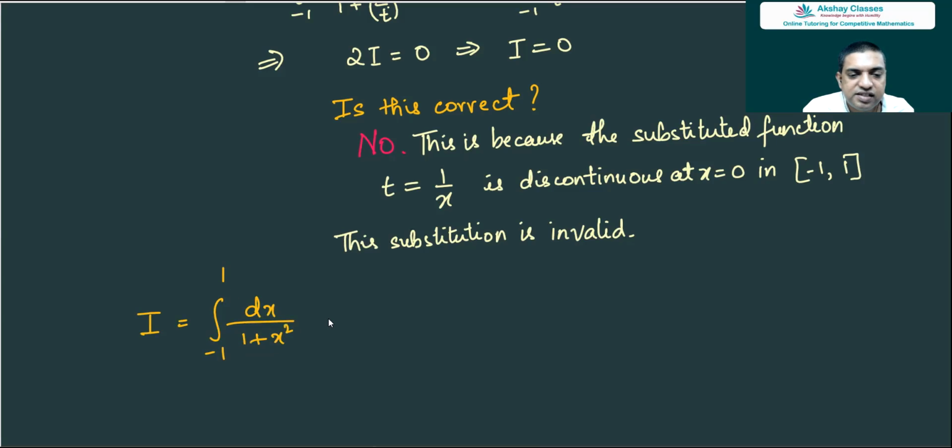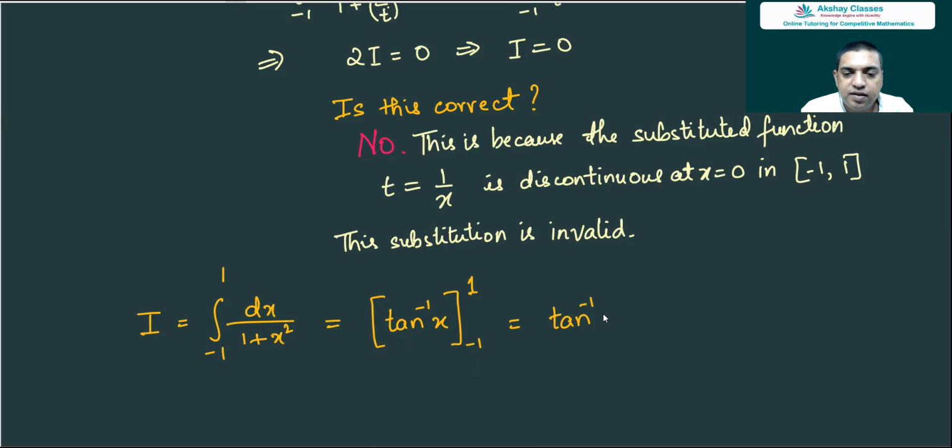So in reality, the value of this integral, we know this is a standard form. The antiderivative of 1 upon 1 plus x square is tan inverse x. Now we apply the limits minus 1 to 1.